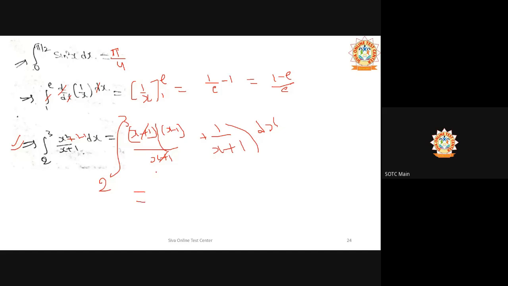Here it will become x square by 2 minus x plus log of x plus 1. So to this you need to apply these limits 2 to 3. So it will come 3 square by 2 minus 3 plus log 4.